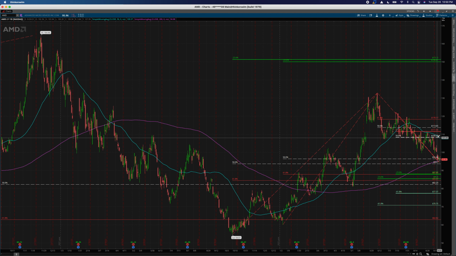So if we can validate these targets by breaking above these opposing shorts that we have around 108 and 113, if we can break above these short setups by breaking above the red 61.8 levels, 112, 118, that will likely lead to more long setups in AMD, and it could help AMD continue higher toward these targets.